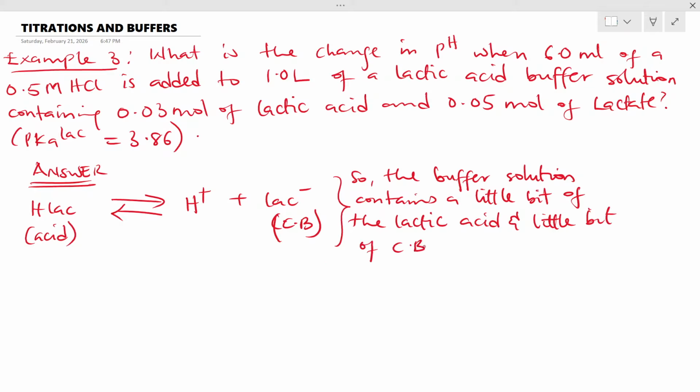The conjugate base. So buffers contain a little of acid, a little of base. That's how it balances itself out.